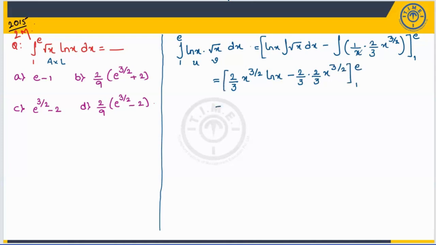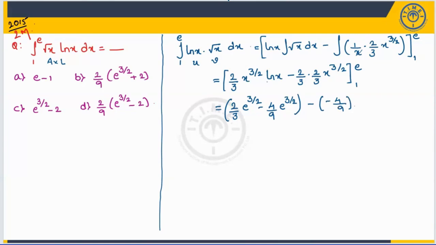Now if I am applying the limits, that is 2 by 3 e to the power 3 by 2 log e, that is 1, minus 4 by 9 e to the power 3 by 2. So this is about the upper limit, minus lower limit log 1, that is 0, negative 4 by 9.